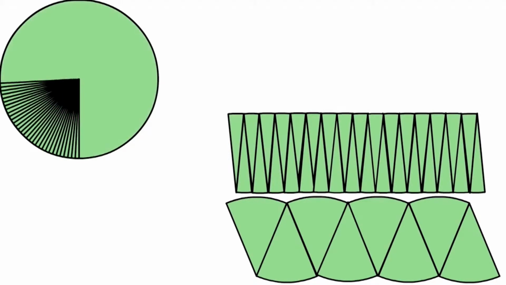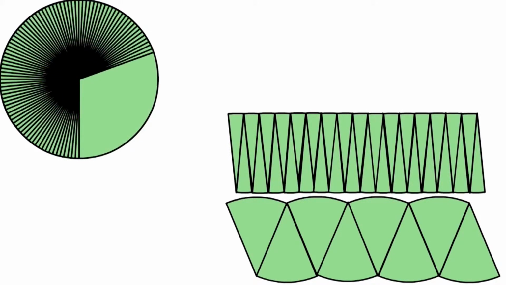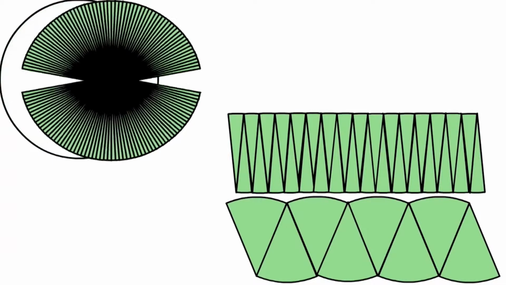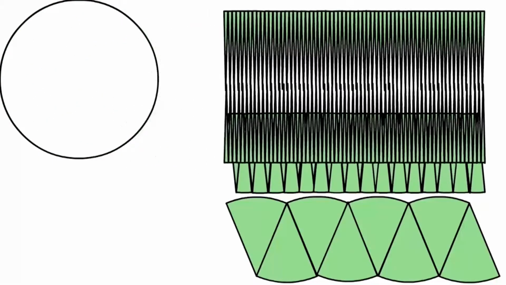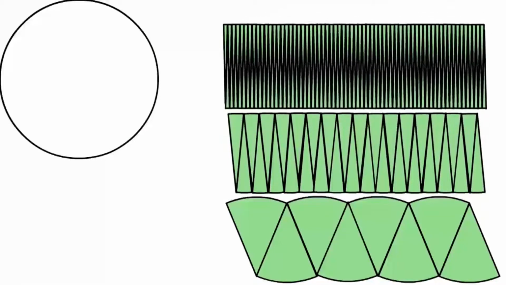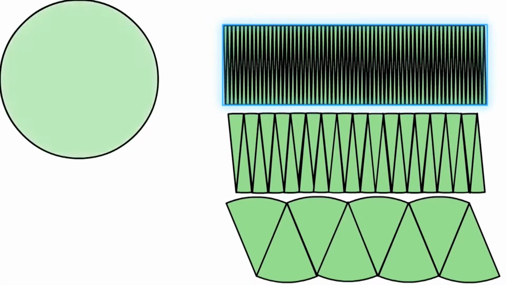As we divide the circle into even smaller and smaller pieces, we see that every time the shape becomes more like a rectangle. So in how small equal pieces should we divide a circle so that it becomes a perfect rectangle?